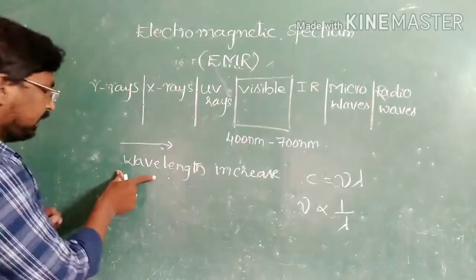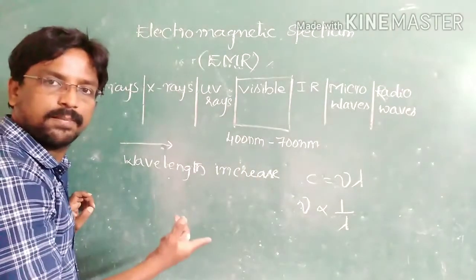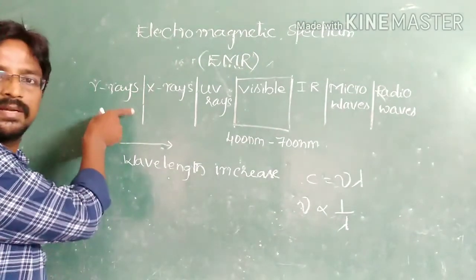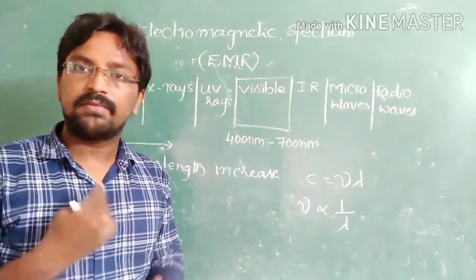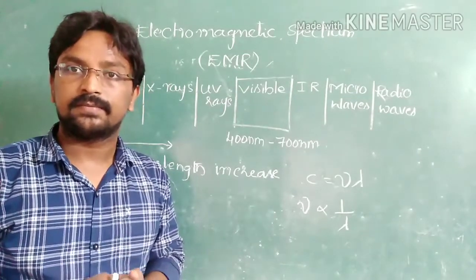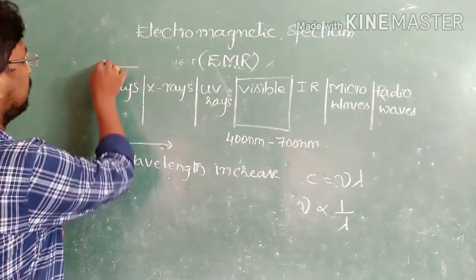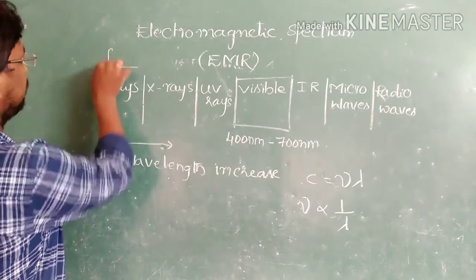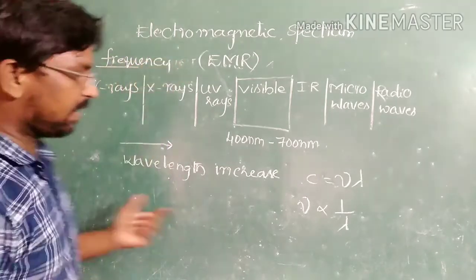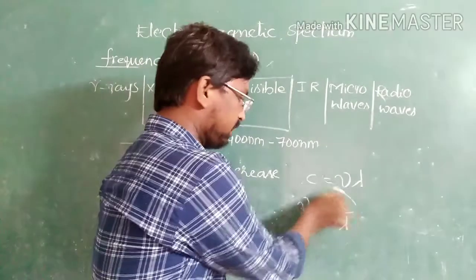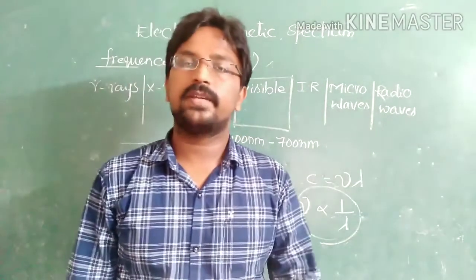So if wavelength is increasing, what happens to the frequency? Gamma rays have a short wavelength, so what about their frequency? Frequency is more. They have more frequency, because wavelength is inversely proportional to frequency.